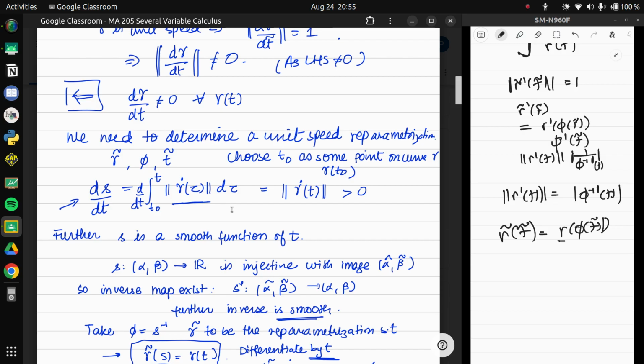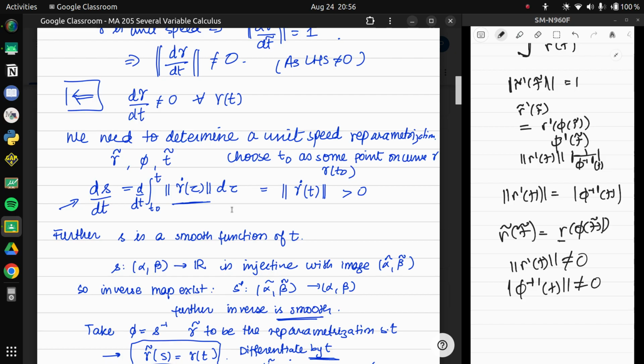That means the magnitude of r tilde dash is never going to be equal to 0, which means the absolute value of phi inverse dash of t is never going to be equal to 0.